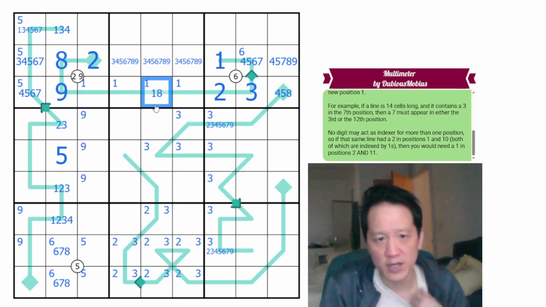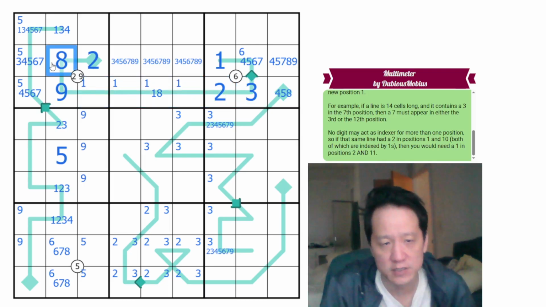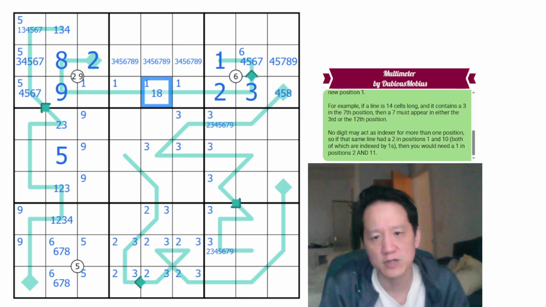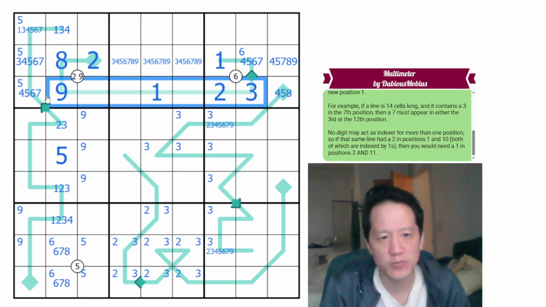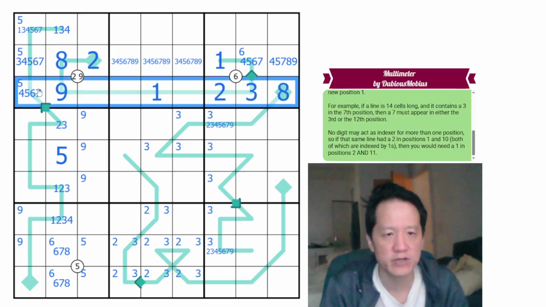This can no longer be 8 because we already have the only index on it equating here. So this must be a 1. So this can't be 8. There can't be 8 along the rest of the appendix line. So this must be an 8 because that's the only place 8 can be in the row.